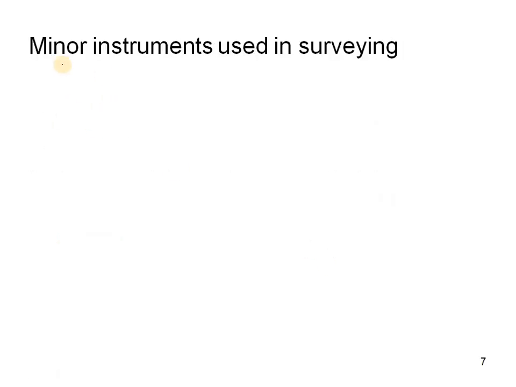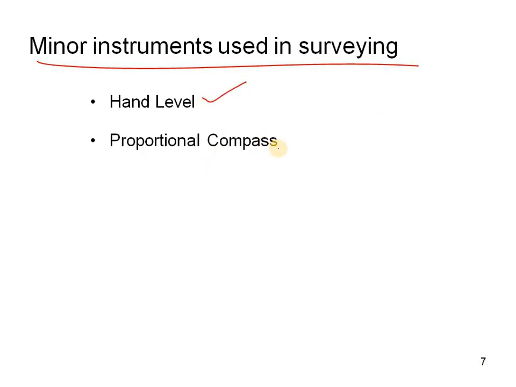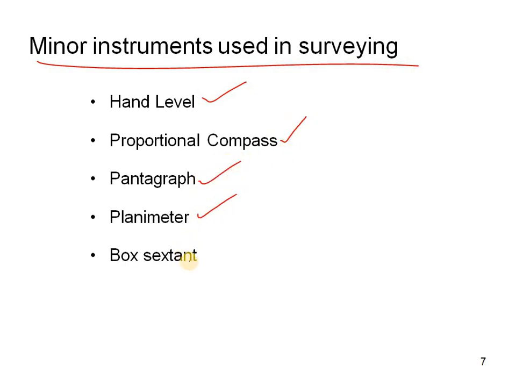So the minor instruments used in surveying are: first one is hand level, proportional compass, pantograph, planimeter, box sextant, cyclone guard tracer. So these are the minor instruments we are using in our surveying.